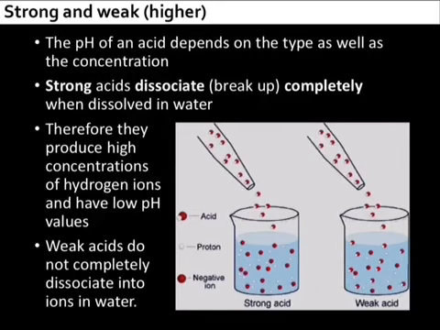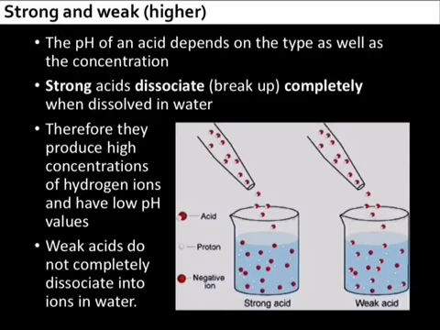Strong acids will dissociate, meaning they break apart completely when dissolved in water. For example, hydrochloric acid will fully break apart into hydrogen and chloride ions. If an acid dissociates a lot or entirely, then they produce high concentrations of hydrogen ions and therefore have low pH values. Weak acids, for example ethanoic acid, do not completely dissociate in water and therefore have a lower concentration of H+ ions.